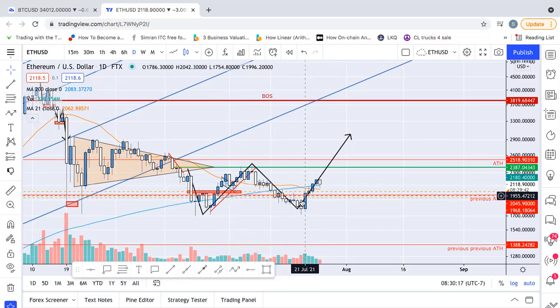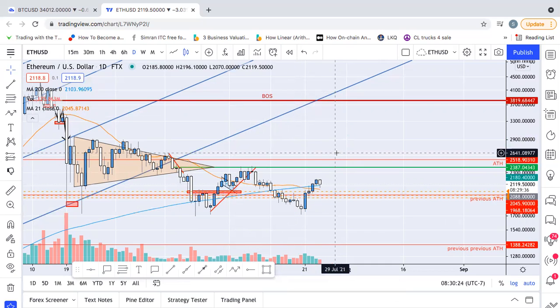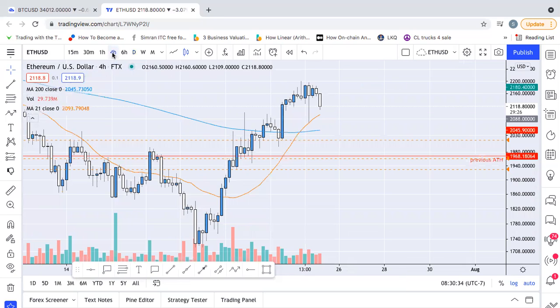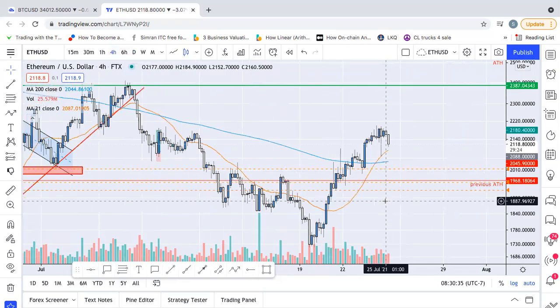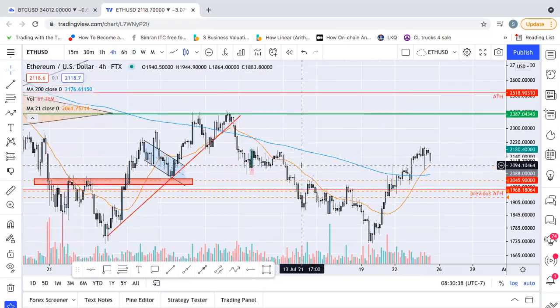And then we have a beautiful pattern here, which made a nice engulf, right? Okay, so now let's dial down to the lower time frame and show you exactly what I see. I told you these patterns play out over and over and over again, so you just have to be patient and wait for your perfect setup.